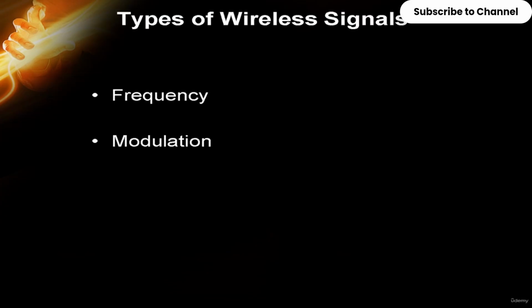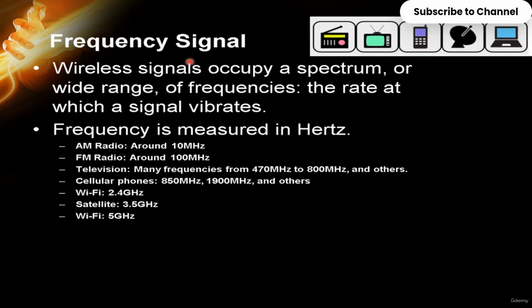Then, types of wireless signals. There are two types: frequency and modulation. The frequency of the signal depends on the occupation of the spectrum. In the previous lecture, we saw various spectrums with various frequencies. The frequency of a signal is the rate at which the signal vibrates.